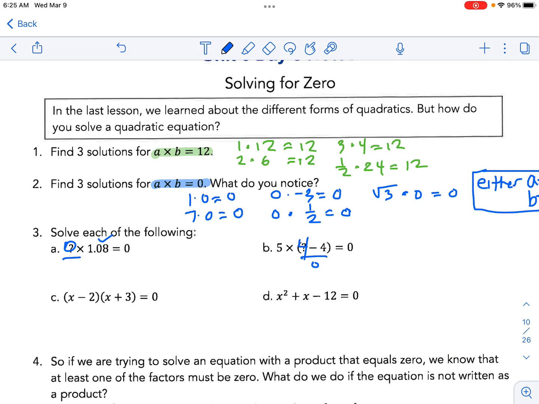Well, what about here? If this is the 0, then x is a positive 2. If this is the 0, then x is a -3. So we have two answers here in this situation.